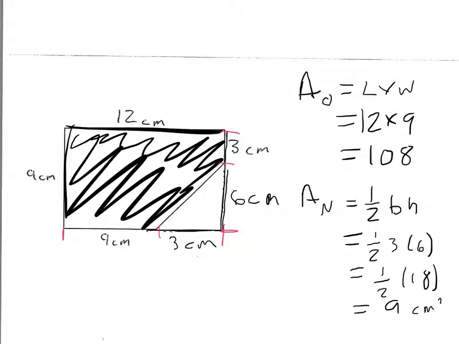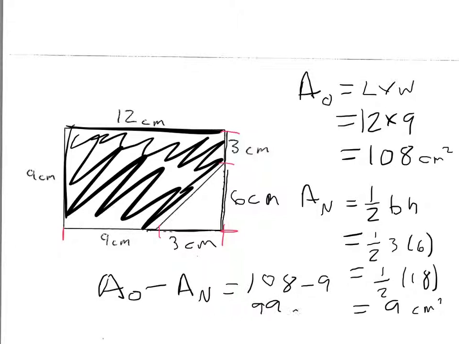So if we want the final area here, our remaining area is the area of our original space minus the area of our negative space, which is going to be 108 minus 9. So we are going to get 99 centimeters squared.